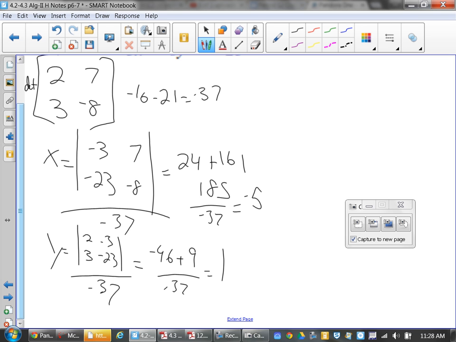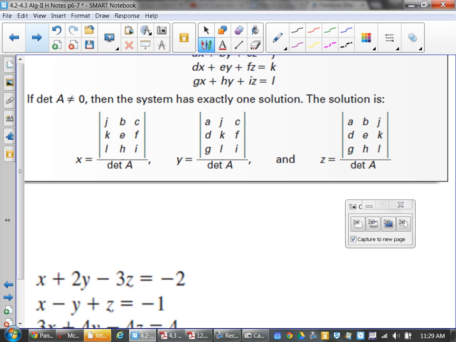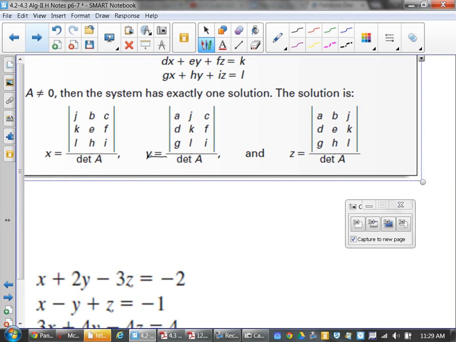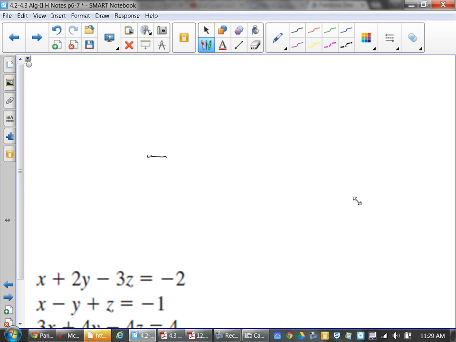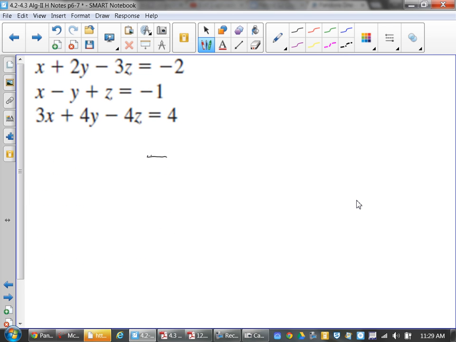It's so much easier to do a 3x3, instead of doing it long form. You wouldn't want to try to do long form 3x3, that's a pain. Long form is where you have to use elimination and substitution to get all those things out.